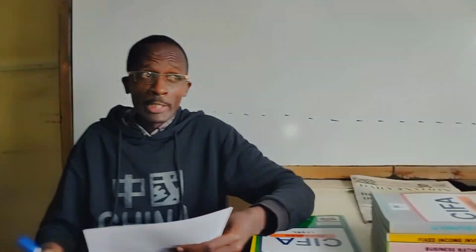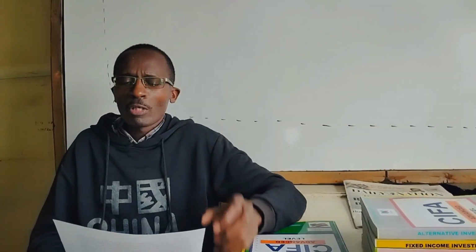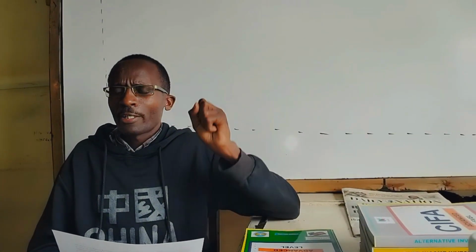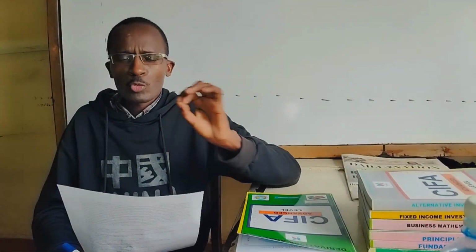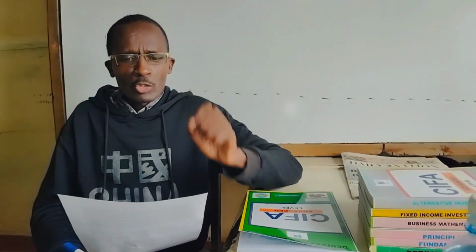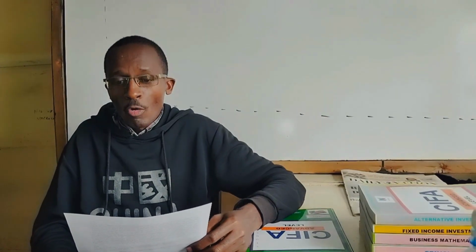Now, remember here you are dealing with futures. Futures is one of our examples of derivatives. We have other derivatives like forwards, options, swaps, and the like. This question is about futures. You are told a futures contract has a current price of shillings 212.